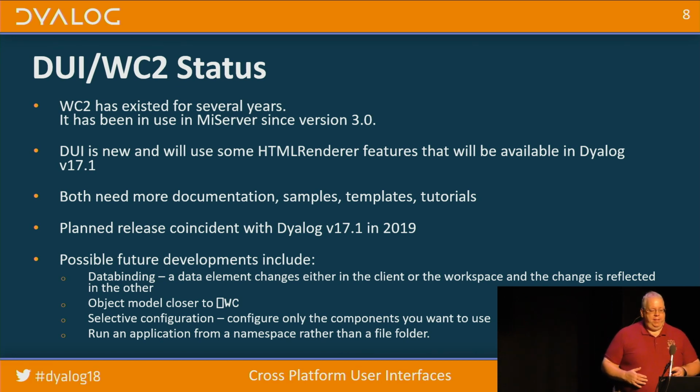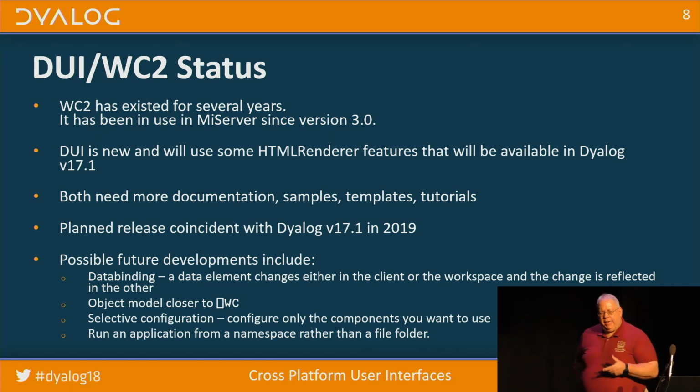And then some possible future developments include data binding. Well, that's not a possible, it's a definite thing that we will be developing: data binding in WC2 or in GUI. Again, we want to move the object model closer to what you see with QuadWC.